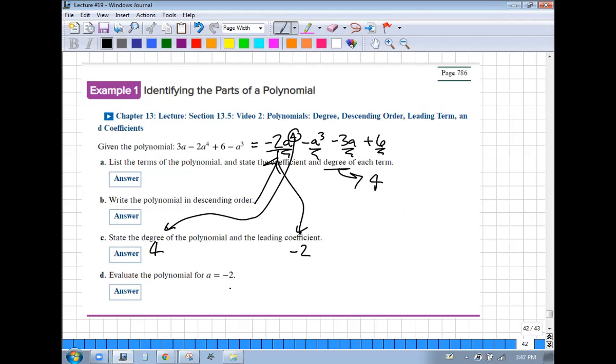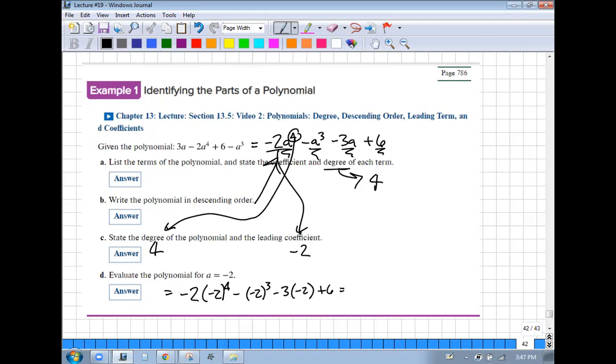Now evaluate the polynomial for -2. All we're doing is we're going to take this and replace a with a -2. So we have a -2 times a -2 to the 4th minus -2 cubed minus 3 times a -2 plus 6.